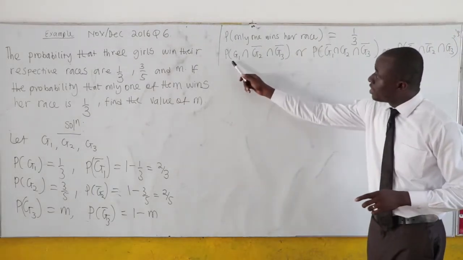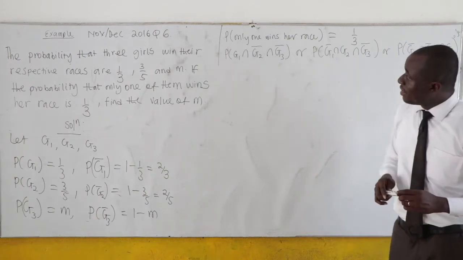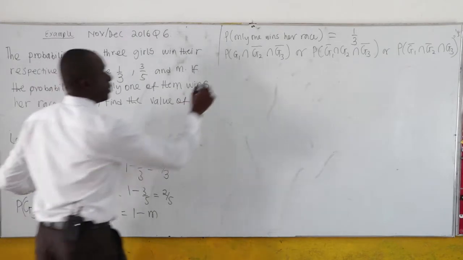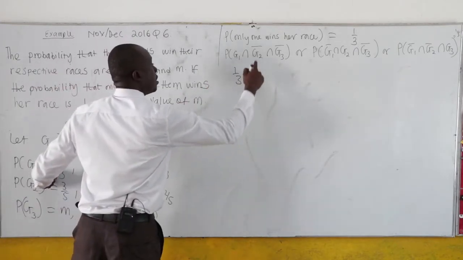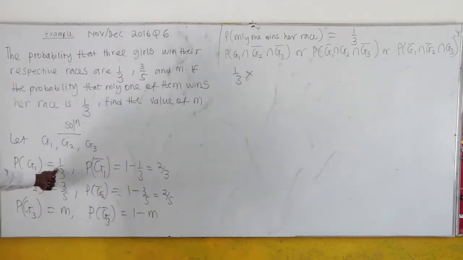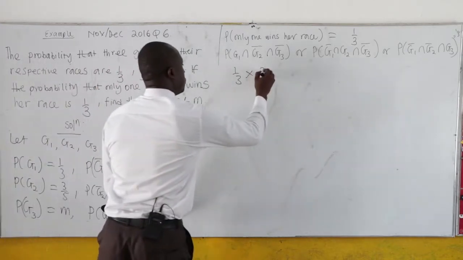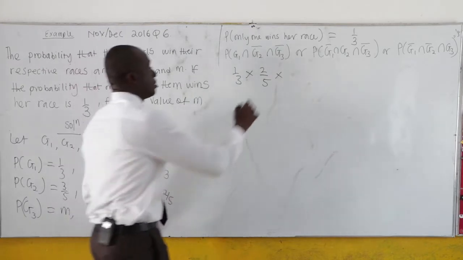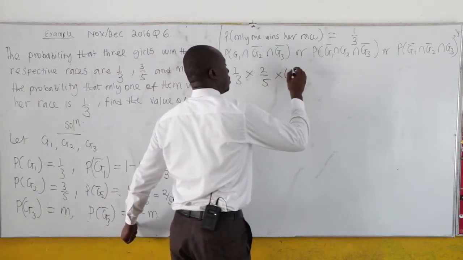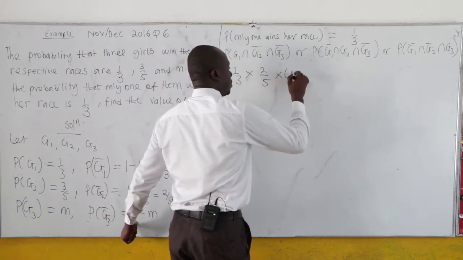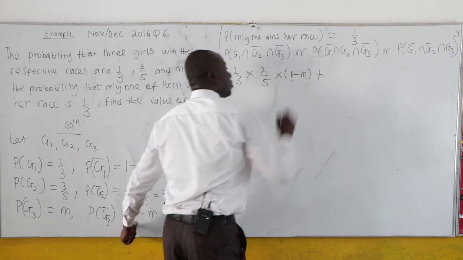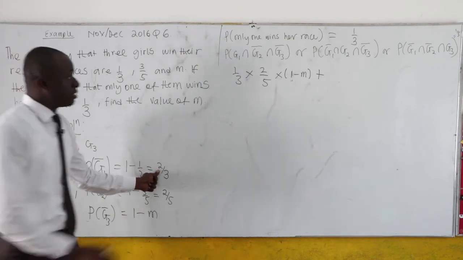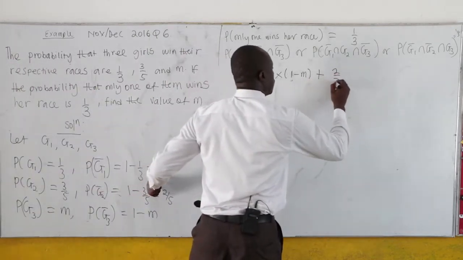So here, the probability that the first girl will win her race, that is 1 over 3. Then the probability that the second girl will not, that will be 2 over 5. The third girl will not, that is 1 minus m, or plus. The first girl will not, so that is 2 over 3.